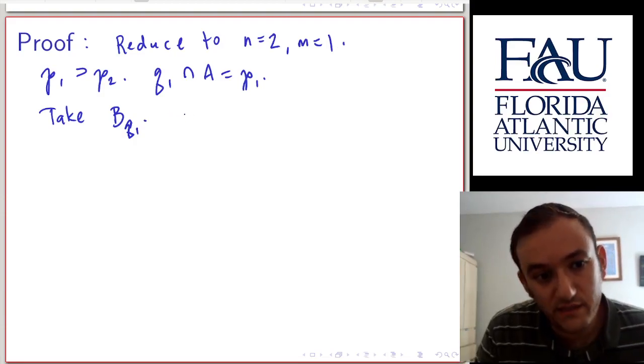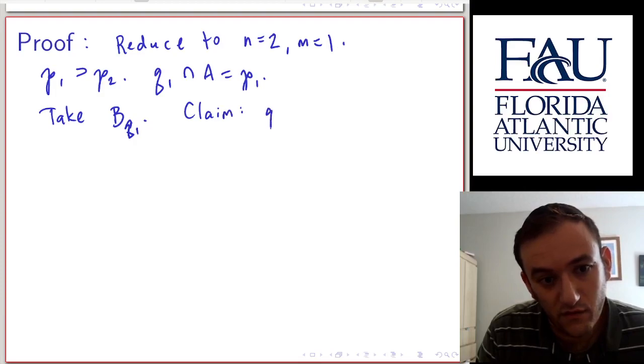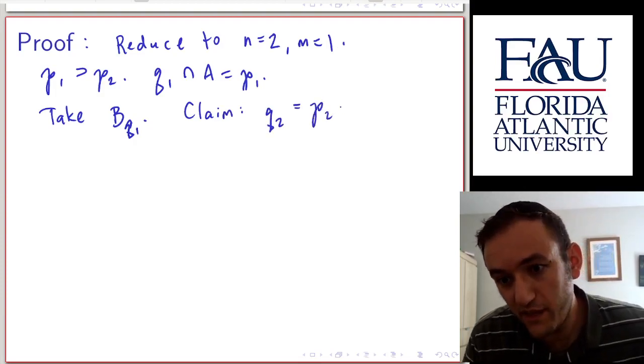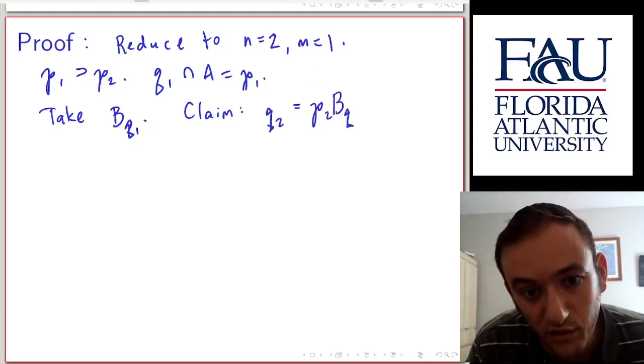So we're going to hope that our Q2 will just be equal to the ideal generated by P2 when you extend to BQ1.